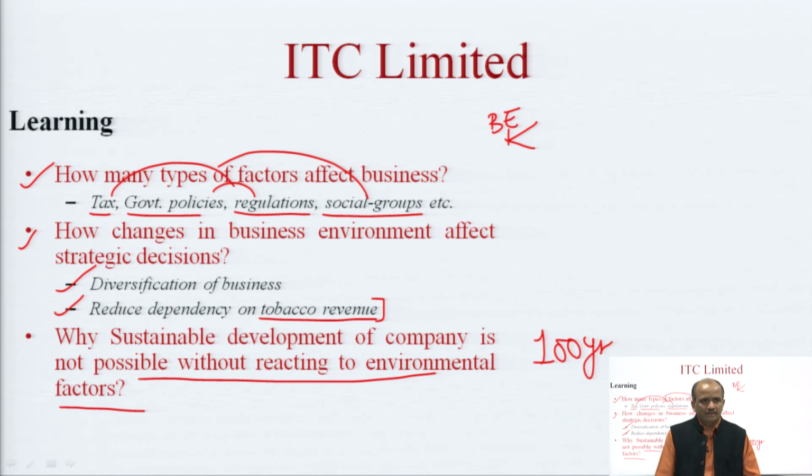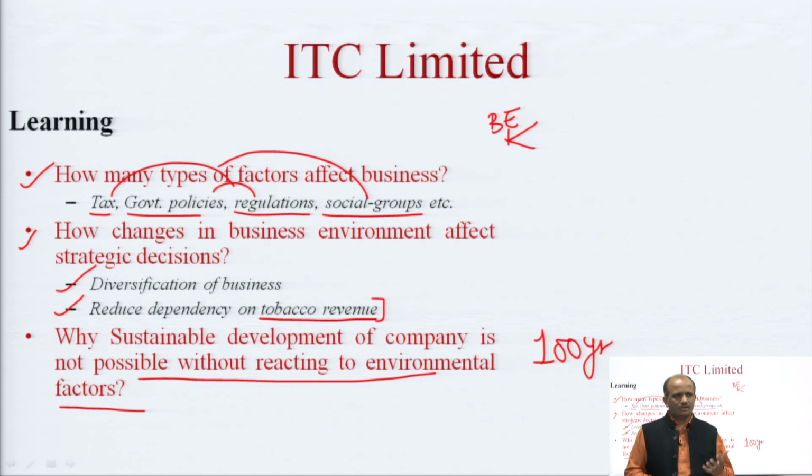For example, I can consider the social group as one of the stakeholders, but I may not consider some other factor as my stakeholder because I am not directly associated. Business environment helped me to understand that it is not the individual factor which is going to affect me. I have to take the factor as a stakeholder because it is going to impact my business and I have to respond to this. So, by and large, a good understanding of the business environment helps me to avoid any kind of sudden surprise that may arise because of the changes.